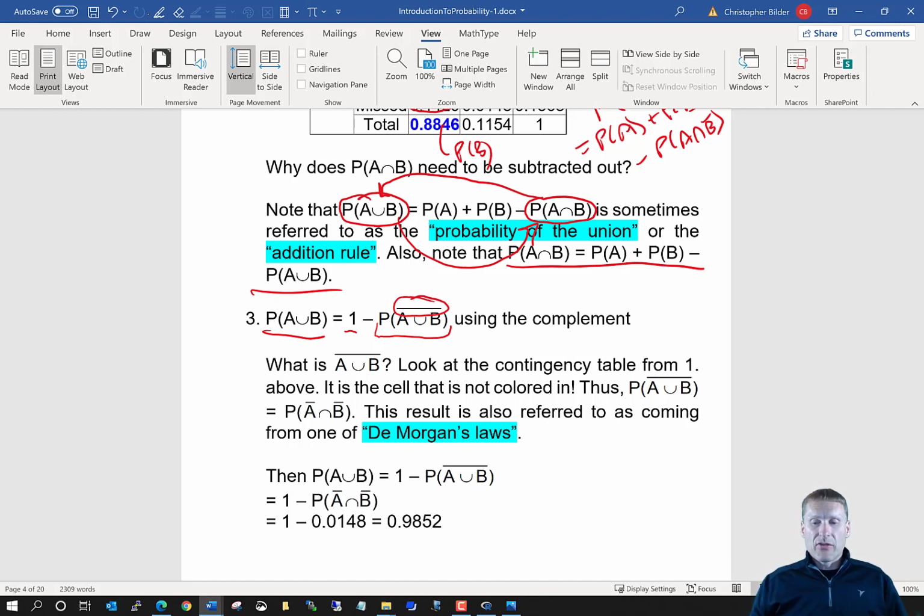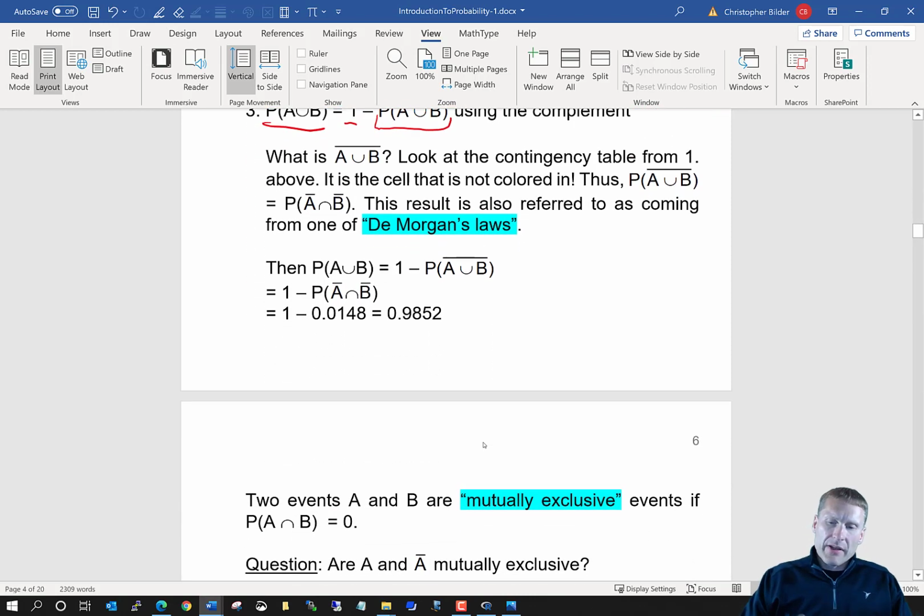How can we actually express it? Well, what ends up happening is this. This A becomes a complement. This B becomes a complement. And then rather than having the union symbol there, we reverse it and make it the intersect symbol.